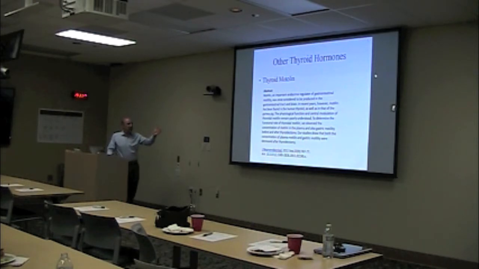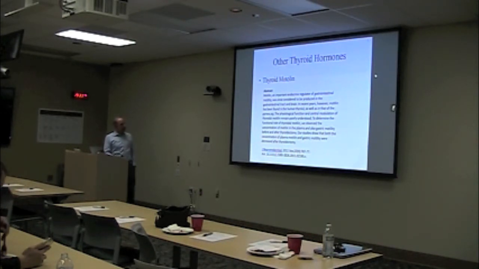Thyroid patients that have problems have constipation. Well, that's what's happening. Their thyroid is not functioning in multiple different ways. And so our studies show that both the concentration of plasma motilin and gastric motility were decreased after thyroidectomy. All right.